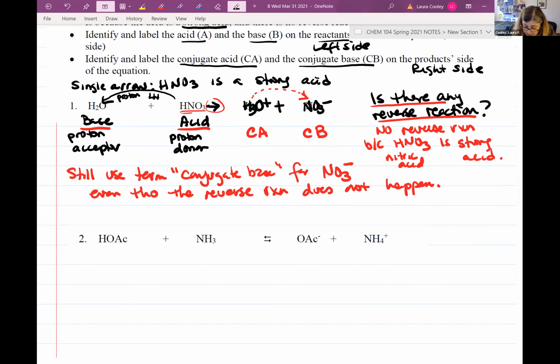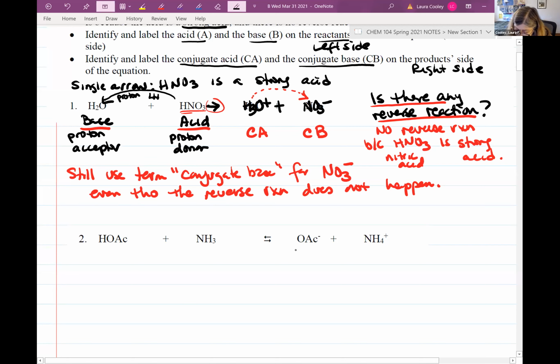Let's take a look at the second one. So here I'm using the very typical example of acetic acid, HOAc. This is a reaction of the weak acid, acetic acid, with the weak base ammonia. It's a double arrow reaction.